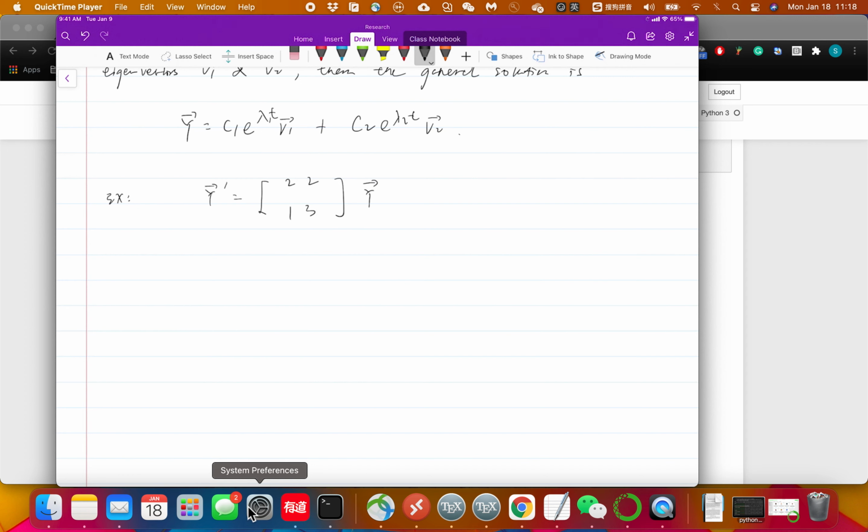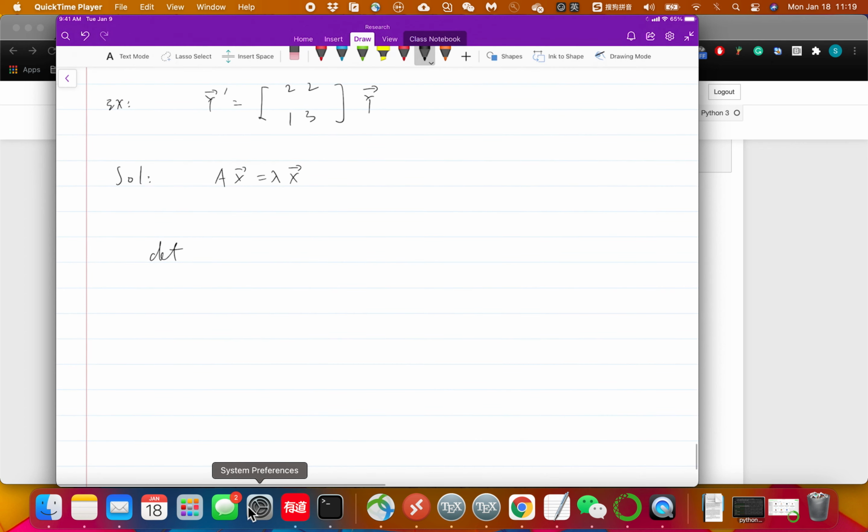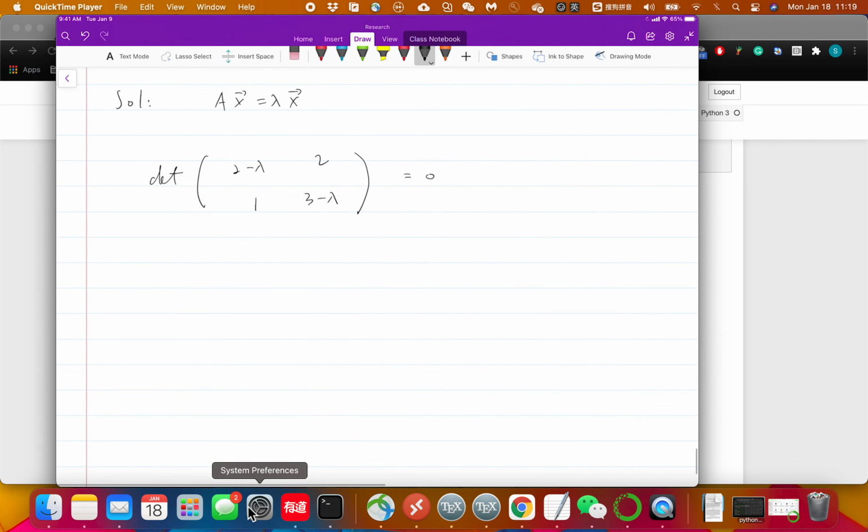What we can do is forget about every argument. We just go ahead and solve for eigenvalues. We can skip everything and just go to the determinant: (2 - λ)(3 - λ) - 2 = 0, which gives 6 + λ² - 5λ - 2 = 0.